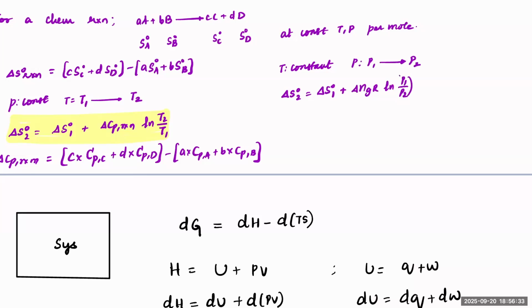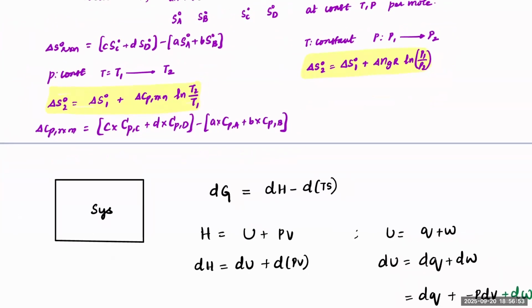So we can directly remember it this way. This is how we get delta S2 at constant pressure and constant temperature. Everybody understood?